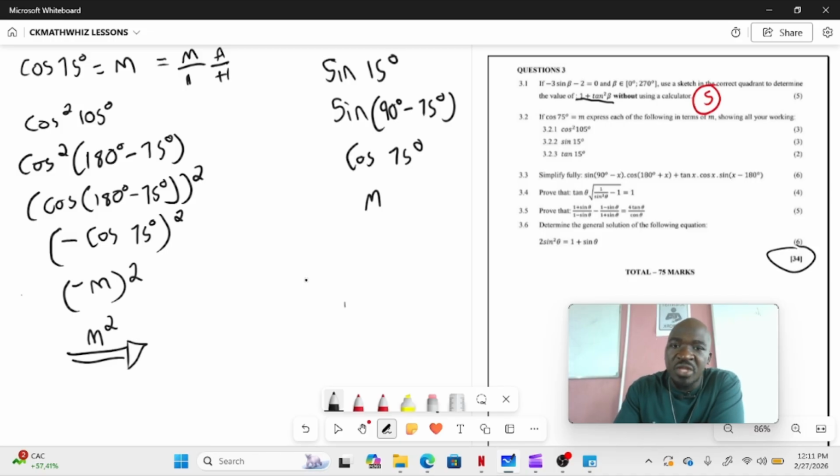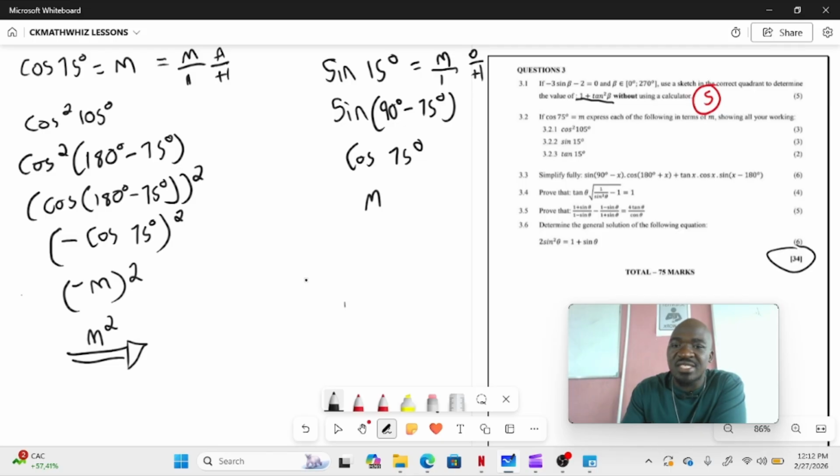But now remember, if we have 15 and tan here is 15, we can simply say sine 15 is supposed to be m, right? In which this is over 1. And sine is supposed to be opposite over hypotenuse. So we know that the hypotenuse is 1, opposite is m.